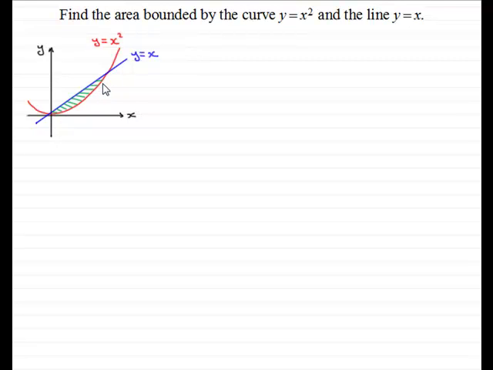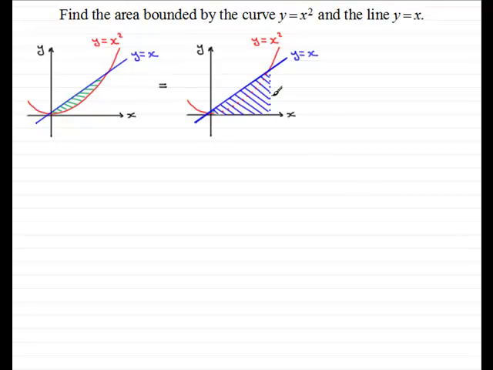To do questions like this, we first need to find out where the graphs intersect. We'll do that in a moment, but let's just imagine we know where the graphs intersect, here and here. Essentially, this green area is equal to the area below the graph of y equals x between those points of intersection.